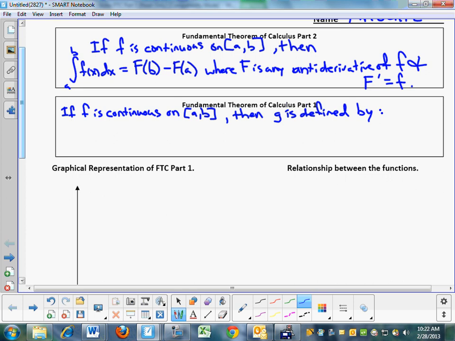So what we're going to do now is take that definite integral, and instead of creating a definitive end, we're going to put a variable in for one that we are going to use to change it.